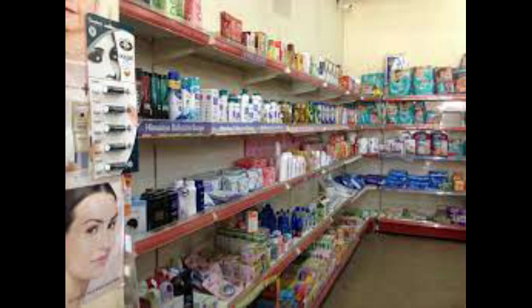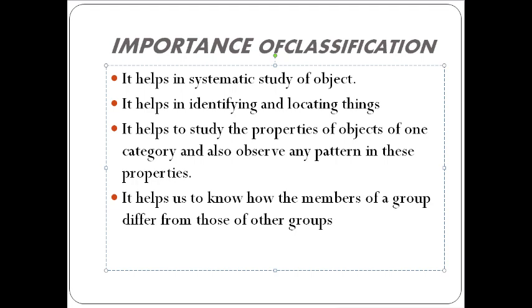These are the different varieties of soaps used for bathing. While seeing them, we can study them properly. Which soap is important nowadays? Okay, Dettol is important, so we can take that immediately. So systematic arrangement is most important. Then the fourth importance of classification is that it helps us to know how the members of one group differ from those of the other group.